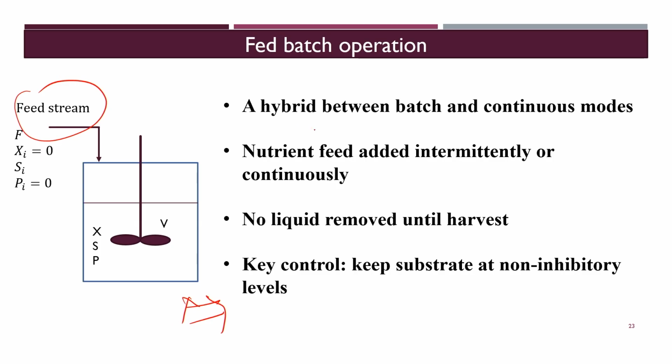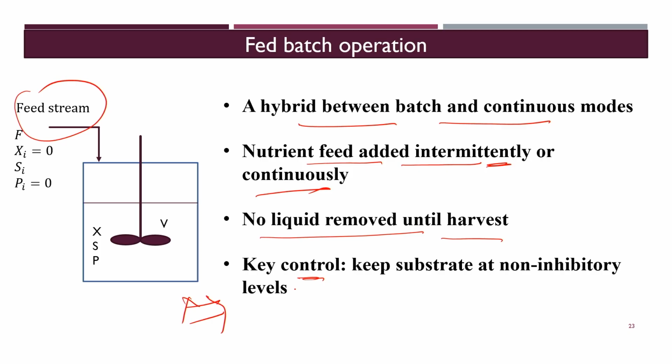So, this is a hybrid between batch and continuous mode, and nutrient feed is added, it may be intermittently or continuously, and there is no outlet till the completion of the fermentation process.